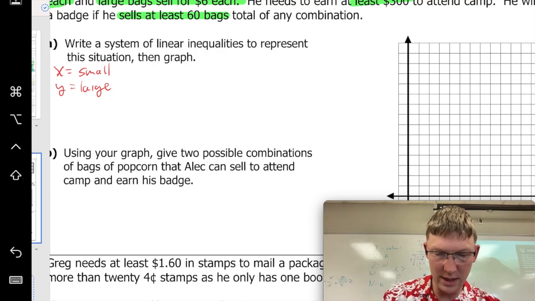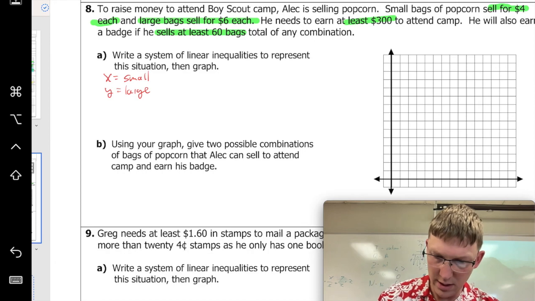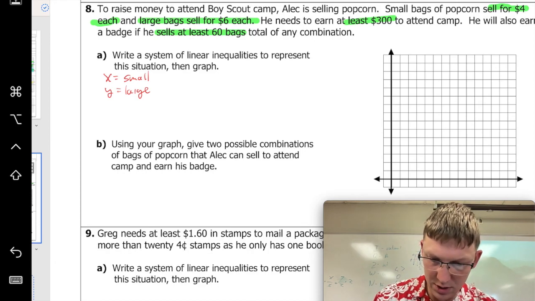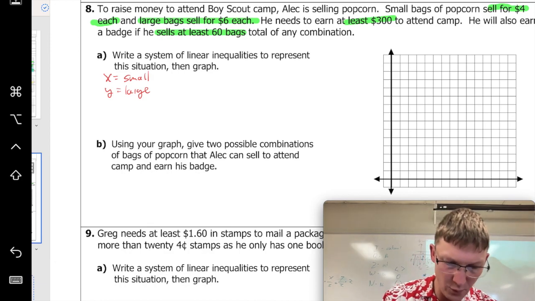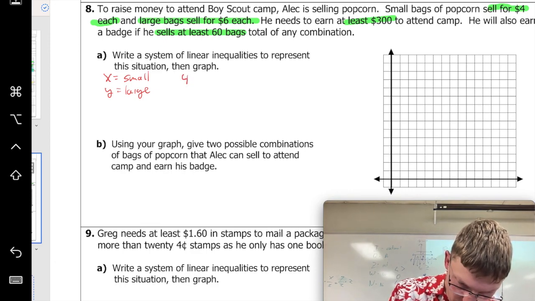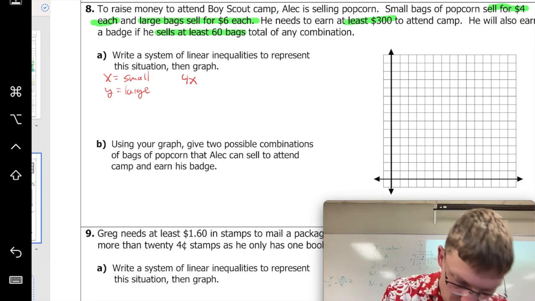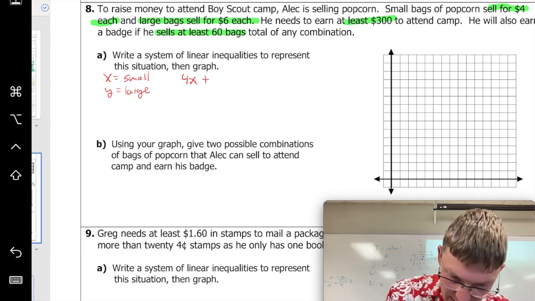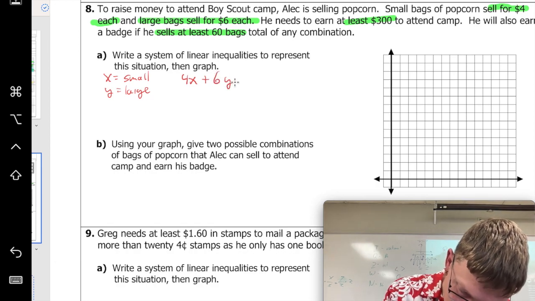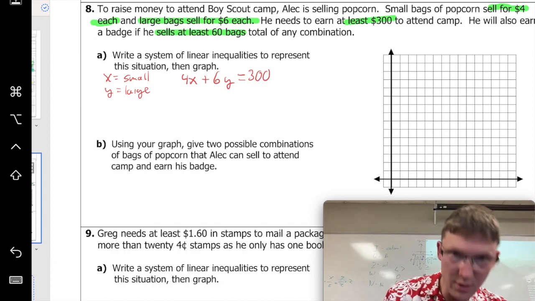Okay, so we're talking about at least $300, so we're looking at dollar amounts. Small bags of popcorn sell for $4, so 4 times X, so $4 times how many small bags he sells, plus large bags sell for $6, 6 times Y. All of that needs to equal 300.